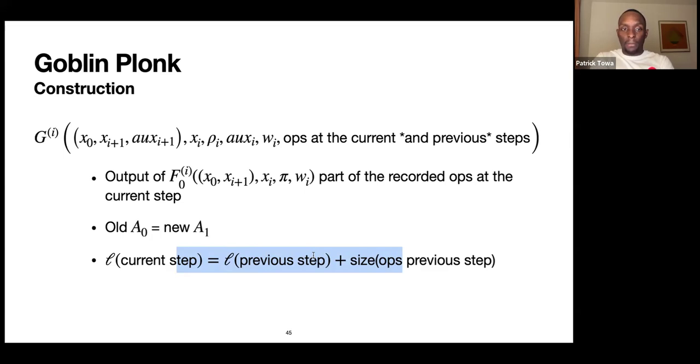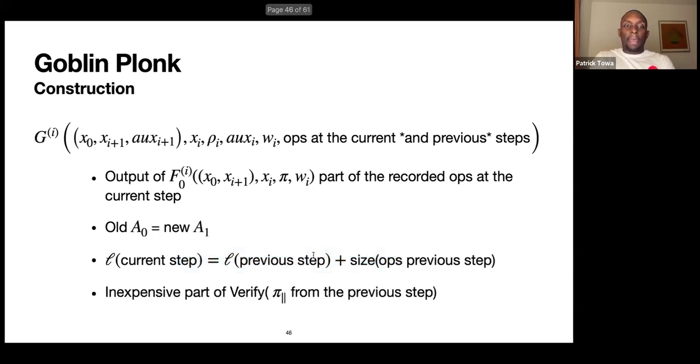And in G, what I'm going to do is check the inexpensive part, because remember the verifier, we again have a KZG thing where you have some field operations, some group operations, and even some pairings, but I'm ignoring the pairings. And I just want to run the inexpensive part of the verifier.